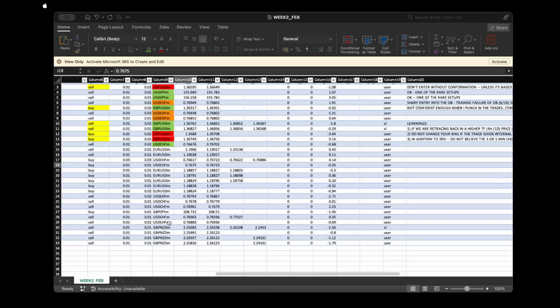This was so wrong. I would have made at least 1 is to 5, 1 is to 4 was there. I again missed this trade just because of this small SL. I don't know why I kept this SL. I just don't know.